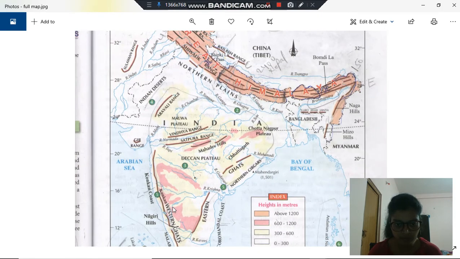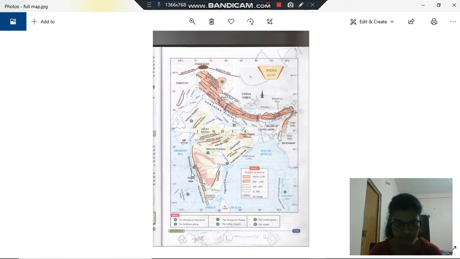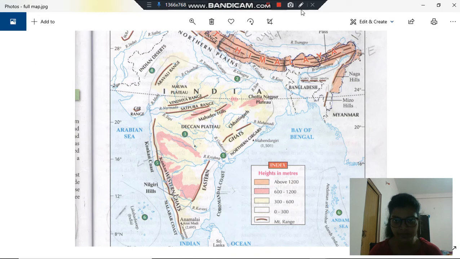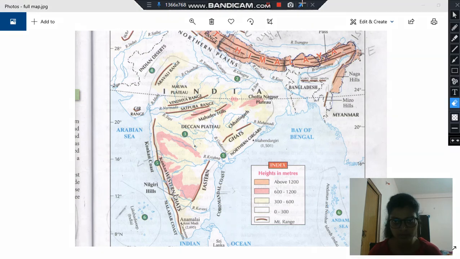Now if you go on the edges, these are the coastal areas. In these areas we have the Western Ghats and Eastern Ghats. And this is the Arabian Sea.